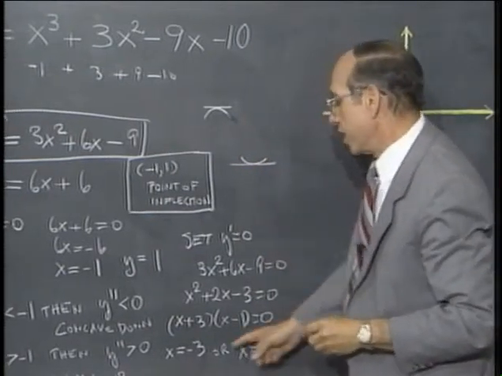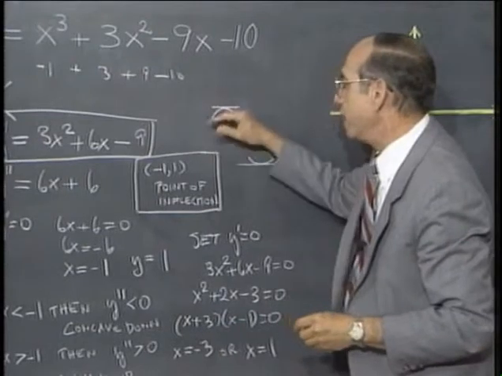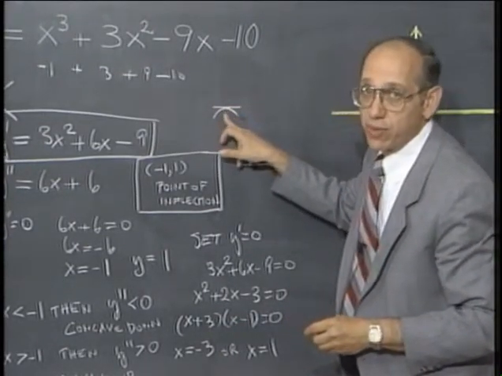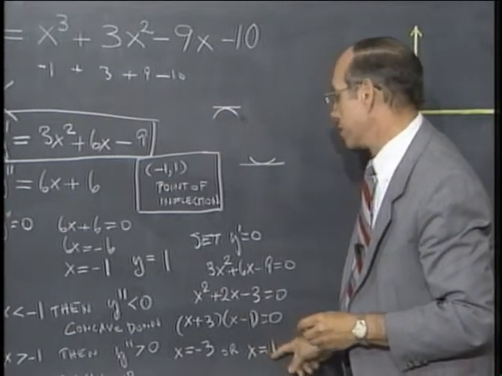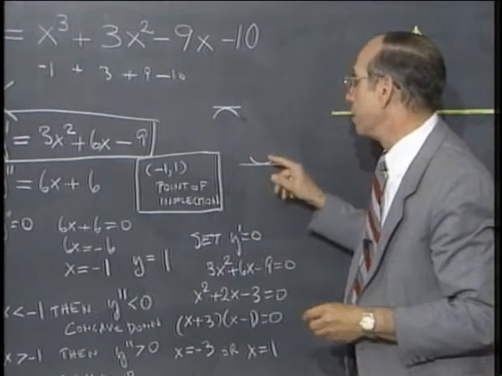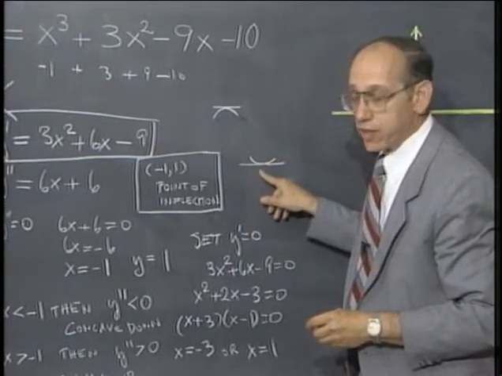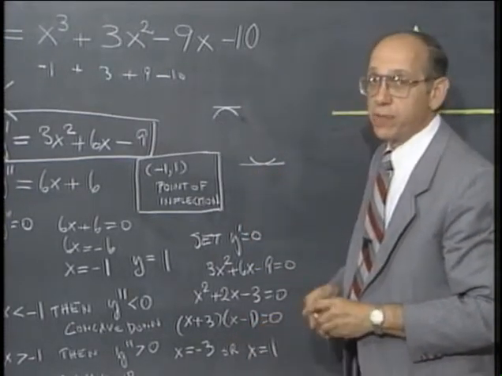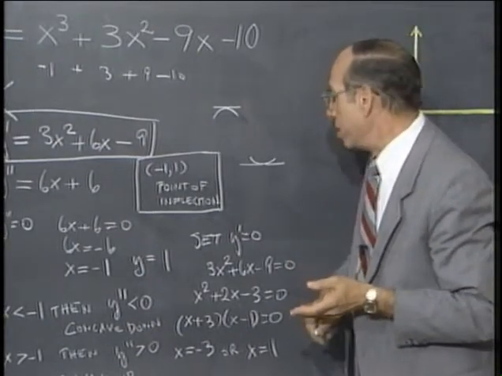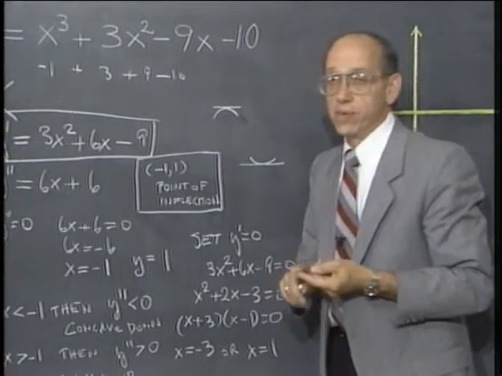So the first case, x equals minus 3, concave down, horizontal tangent, that's got to be a relative maximum. Second case, concave up and a horizontal tangent, that's got to be a relative minimum. So at x equals minus 3, I'm going to have a relative maximum, and at x equals 1, we're going to have a relative minimum.